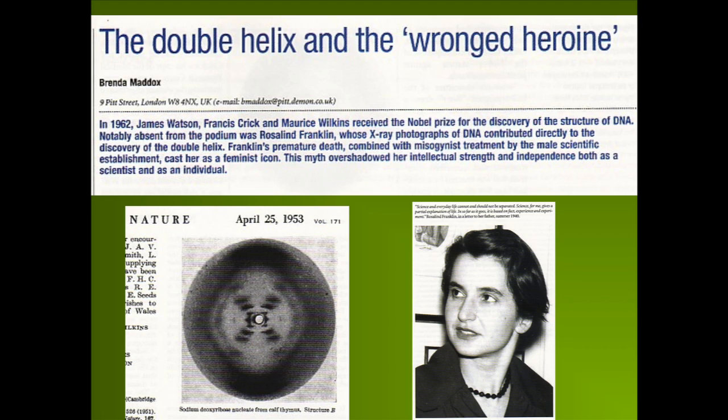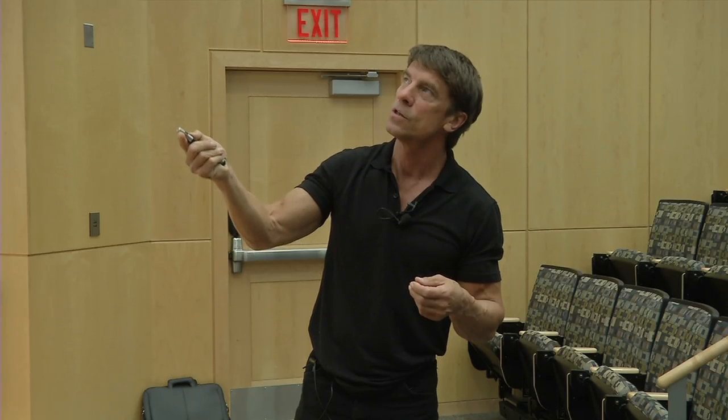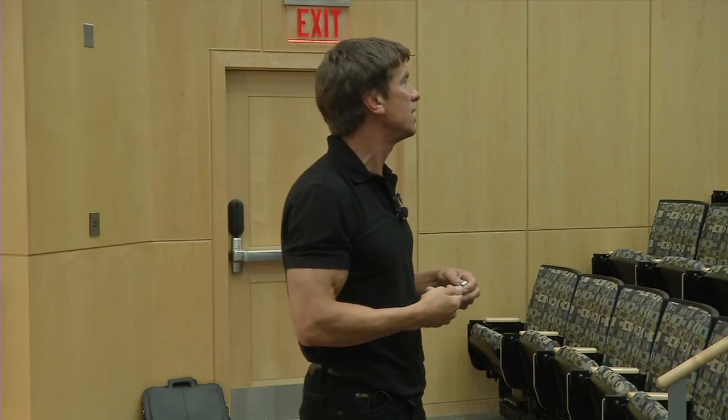And if it were a single helix, you see these bands that are coming out here? If it were a single helix, you would expect these to diffuse out around like this. If it was a triple helix, you would expect another set of bands right here. So this image explicitly shows that DNA is a double helix.